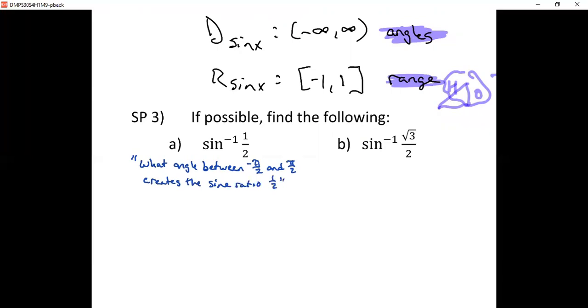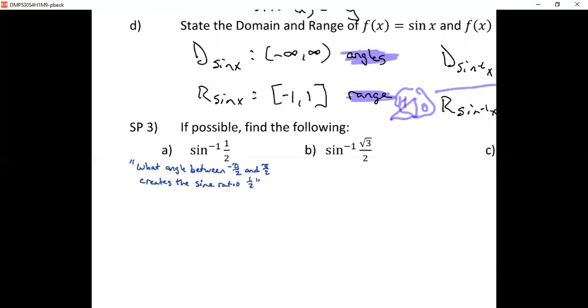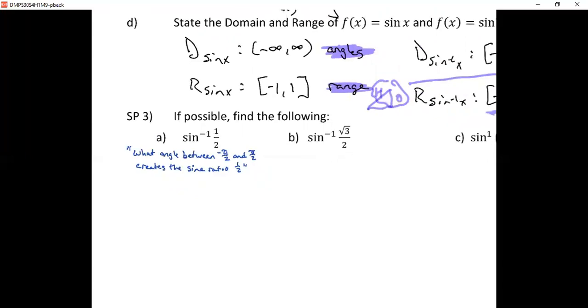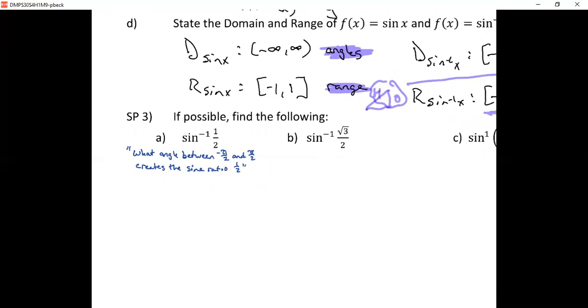It's a very long question for a short notation, and that notation implies that you know what the range is going to be. As I draw this out, I'll say, what angle between -π/2 and π/2, which means we close off those two quadrants. We want the sine ratio of +1/2, which on the unit circle would be the y-coordinate of 1/2. What angle gets created? You'll see that I'll typically call this theta. We know that theta is going to be π/6.